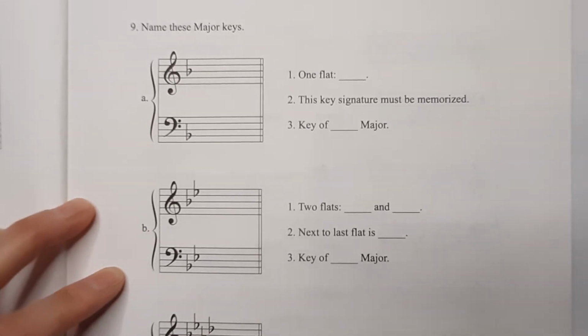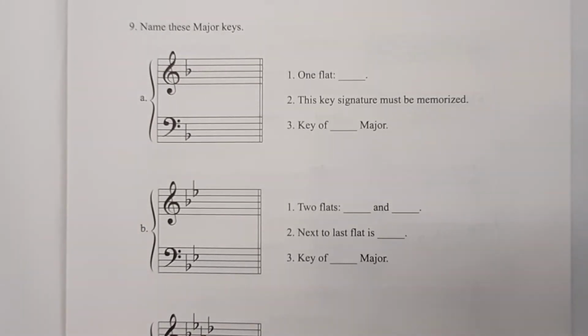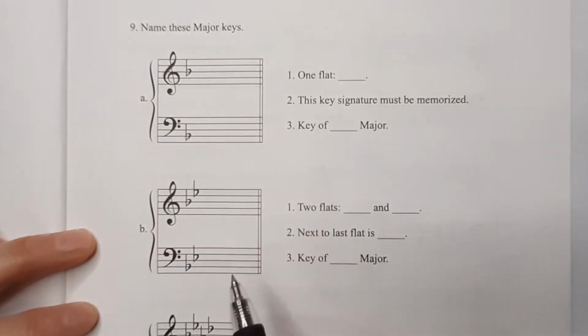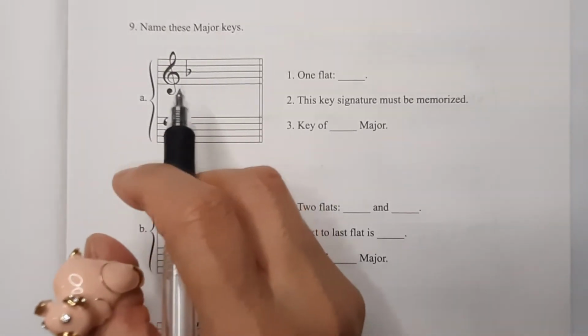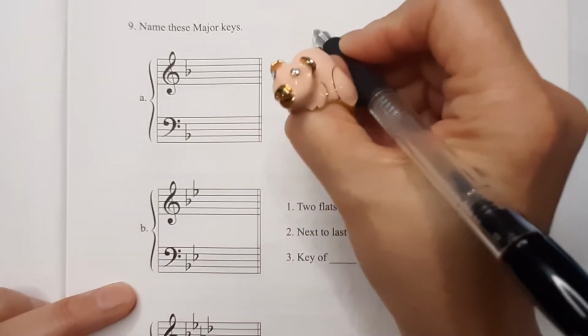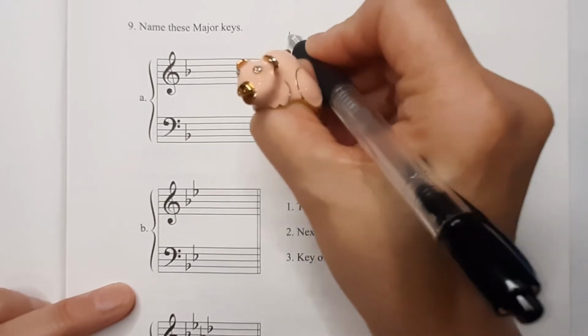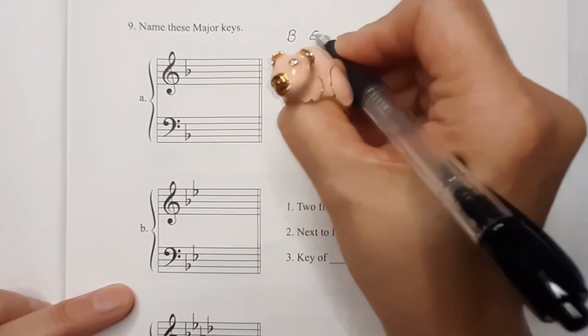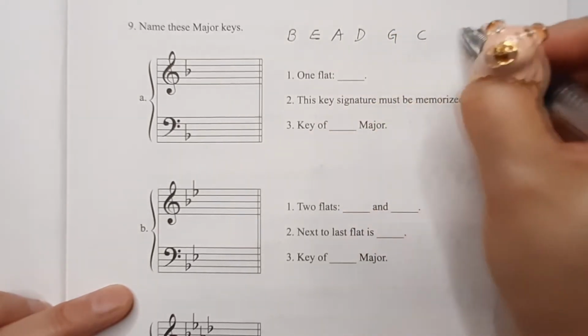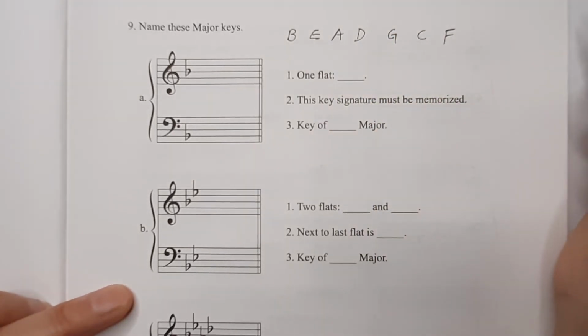Okay, let's do some work. This is page 9. Okay, number 9. Name these major keys. You have 1 flat. Which flat is that? Okay, let's write the order of flats. It's B, E, A, D, G, C, and F flats, right?